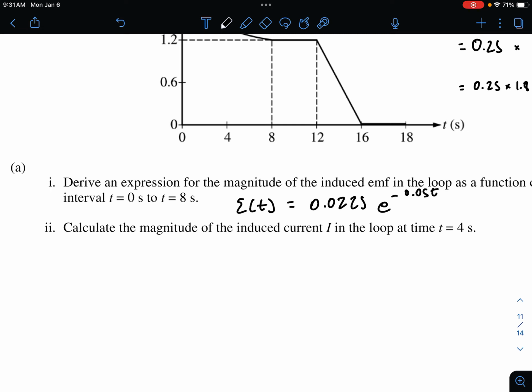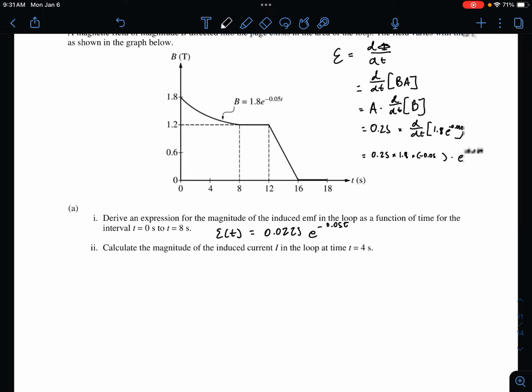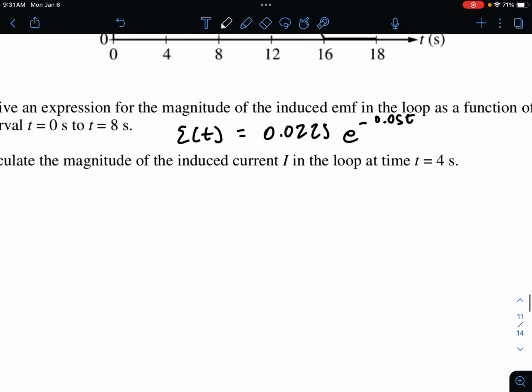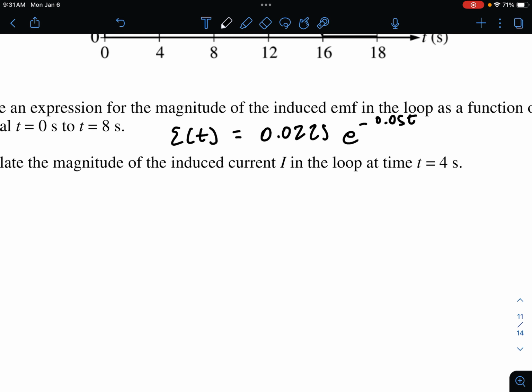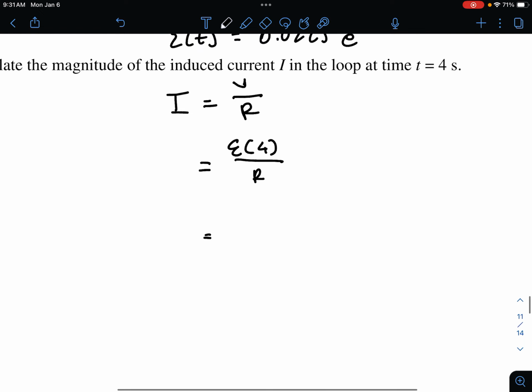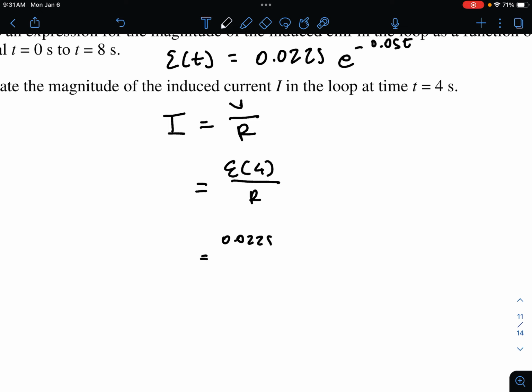Calculate the magnitude of the induced current at time equals 4. So we're given the resistance of this loop, and we know from Ohm's law that I is equal to V over R. So the induced EMF at t equals 4 over the resistance. 0.025 times e to the negative 0.05 times 4, over 12 ohms.